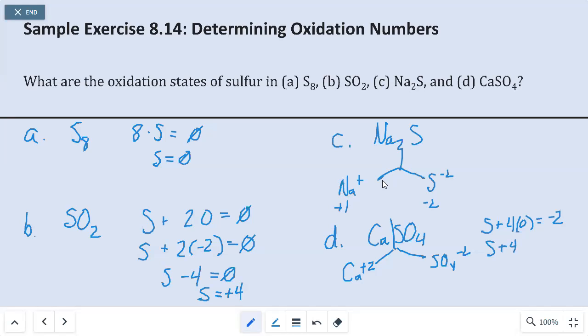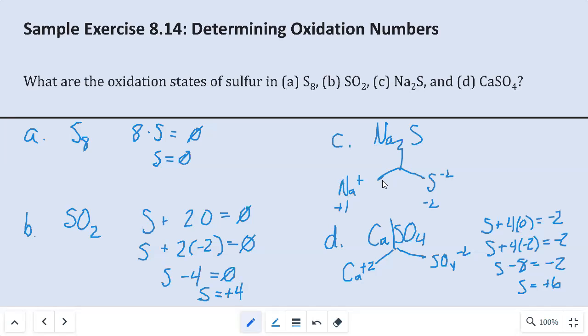If each oxygen is -2, then sulfur must be a +6. Now, if that looks a little bit familiar to you, it's basically the same breakdown that we did for the chromate ion a couple of slides ago.